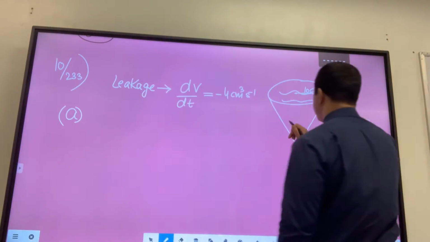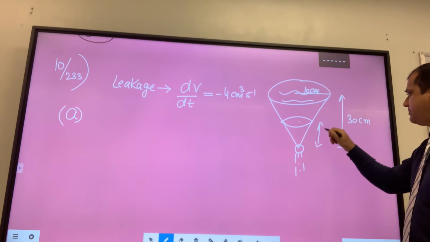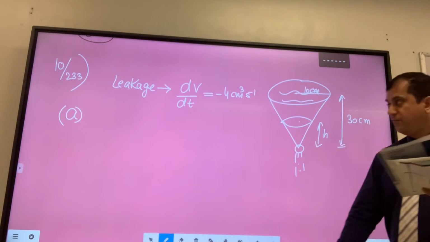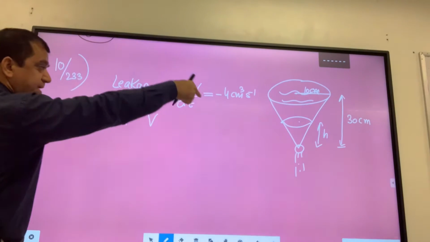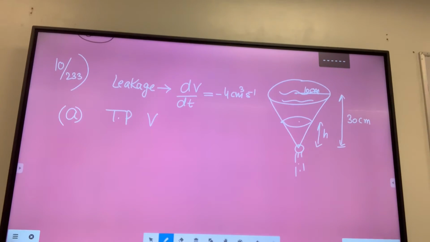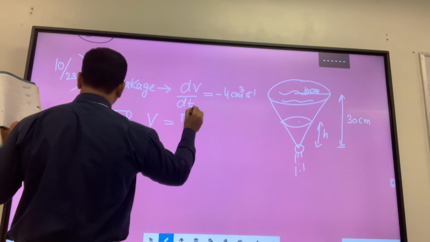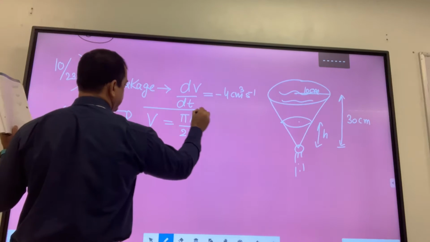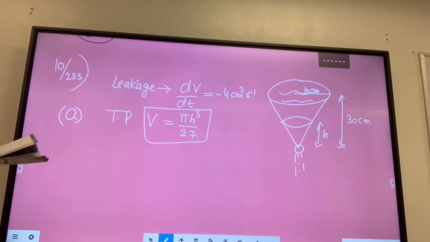When the height reduced to h centimeter somewhere here, because of leakage, at that time the volume is given by 5 times h cube divided by 47. We have to prove this thing. This is the first part. Let's focus on the first part, then we talk about the second part, okay, A part.